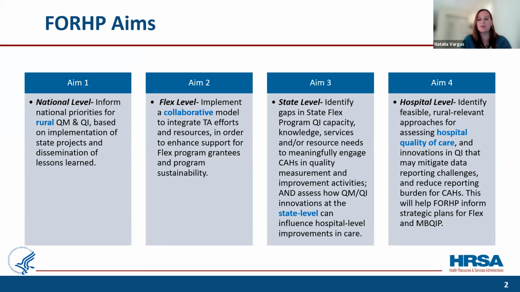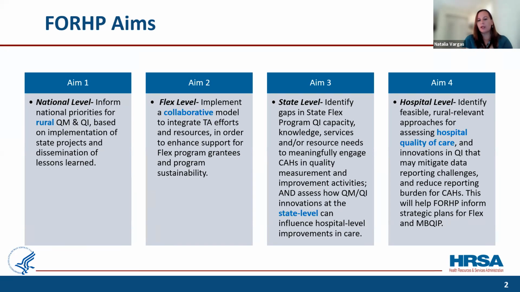And then finally, at the hospital level, we want to identify what are some feasible and relevant approaches for assessing the quality of care that patients receive at critical access hospitals, and the innovations in quality improvement that can help you mitigate data reporting challenges and reduce reporting burden for critical access hospitals.